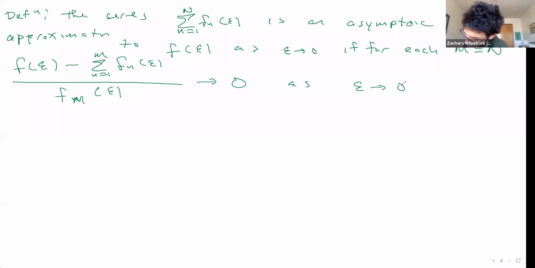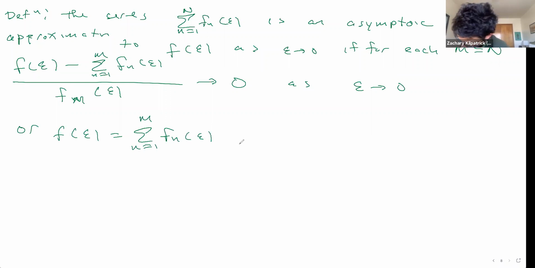Or, f of epsilon is equal to the sum from n equals 1 up to m of f_n of epsilon plus some little o terms of f_m of epsilon.